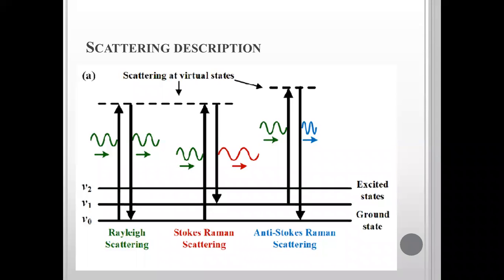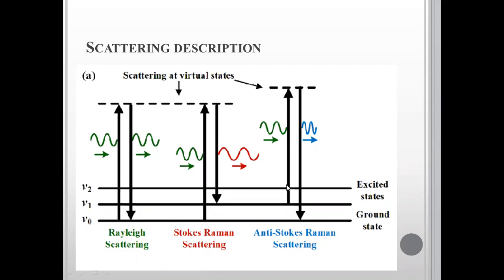Now, at last, we see the case of anti-Stokes Raman scattering. In this, what happens? When the molecule is present in the first excited state, it absorbs the radiation and goes to the virtual state. And when it emits radiation, it comes back to the ground state.